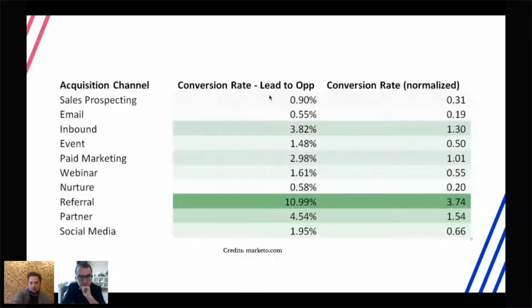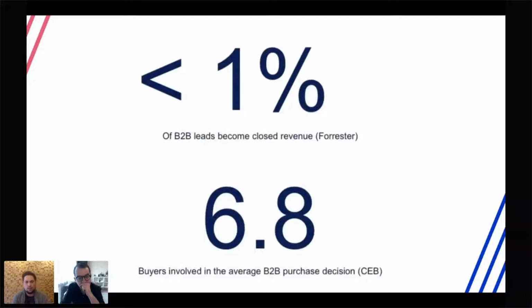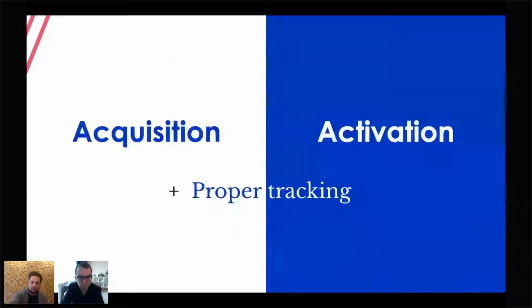It can be a good exercise for you to check your conversion rate from lead to opportunity based on different channels and figure out, okay, where can I improve? Because actually less than 1% of B2B leads are becoming closed revenue, and around 7% of buyers are involved in the average B2B purchase decision.